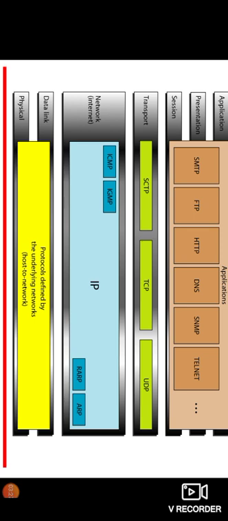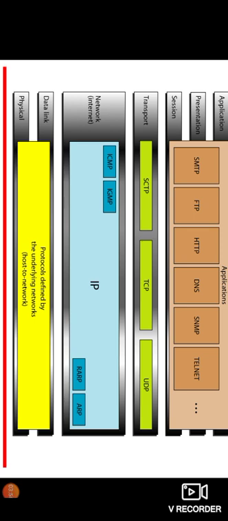Next we have the transport layer. It mainly deals with 3 protocols: SCTP, Stream Control Transmission Protocol, TCP, Transmission Control Protocol, and UDP, User Datagram Protocol. Then the application layer is the combination of session, presentation and application layer.